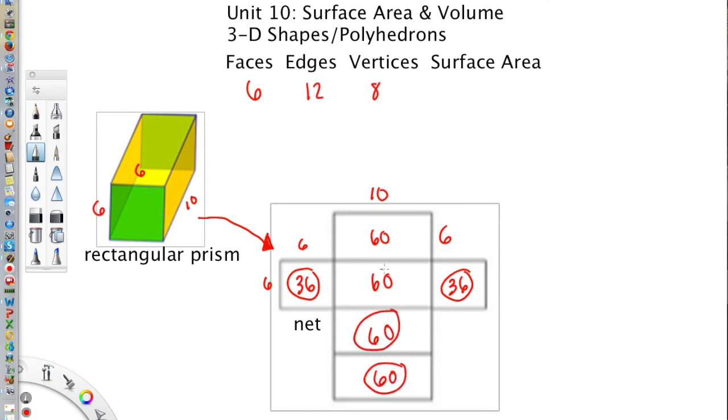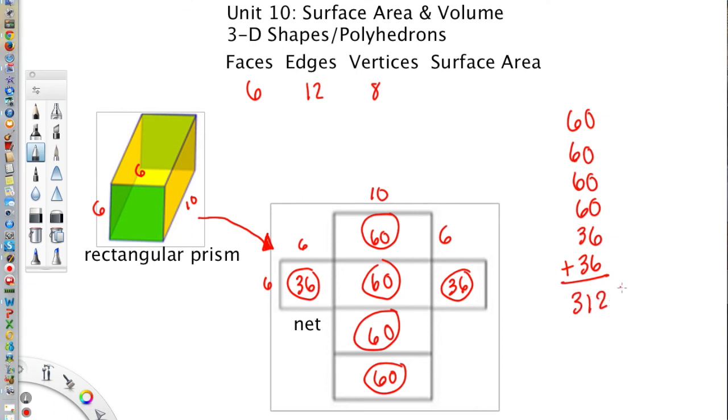So we have 4 rectangles with the area of 60 units squared, and then we have our 2 base shapes, which are squares. And when we add all these areas up, we come to a grand total of 312 units squared. Okay, let's look at the next problem.